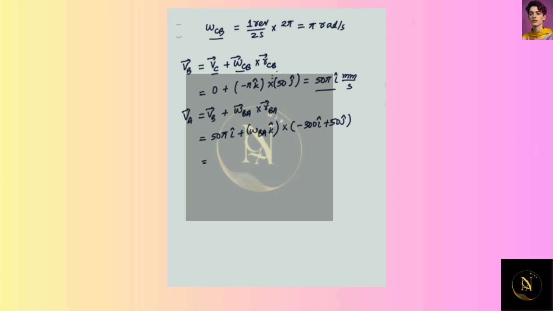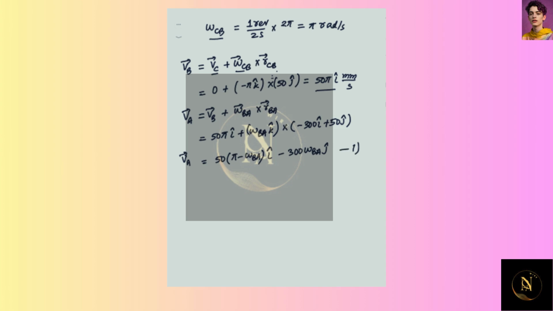So from here we get (50 pi minus omega BA) i cap minus 300 omega BA j cap. This is the V_A vector, and this is our equation number 1.